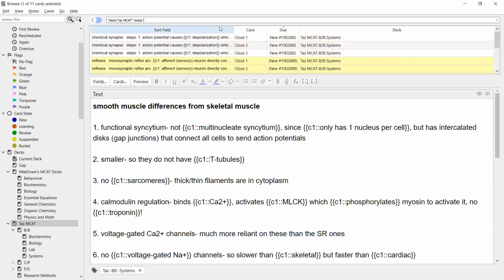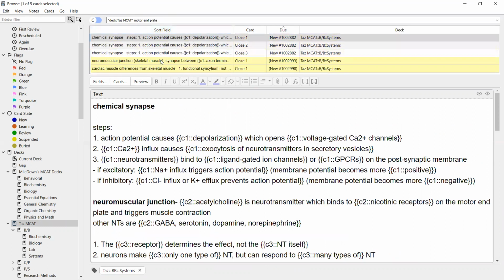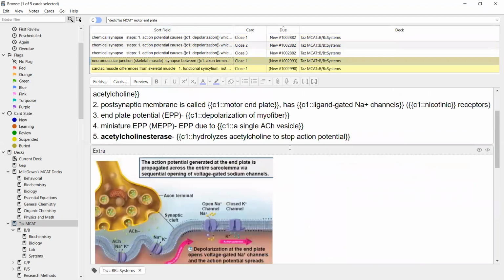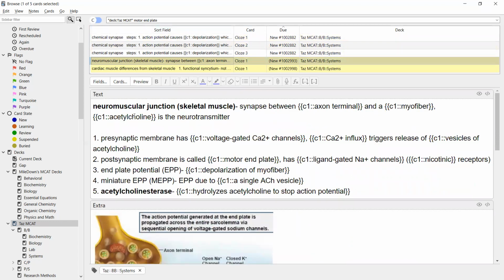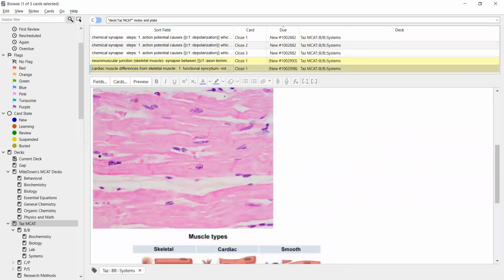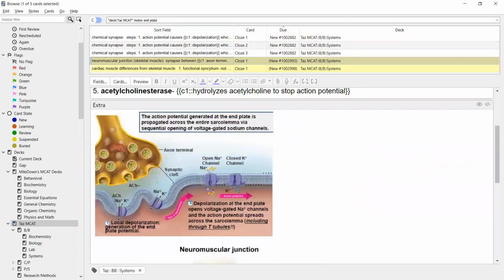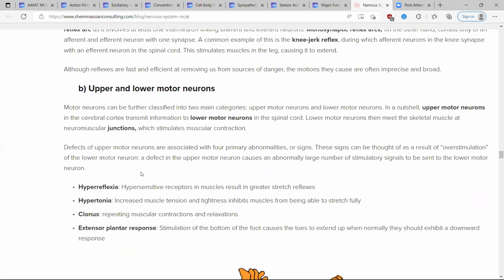Oh, motor end plate. Yeah, we didn't go in depth into the neuromuscular junction because this is a little bit more of a separate topic. But that's basically where it applies. It applies to the musculoskeletal system and muscle contraction and whatnot.